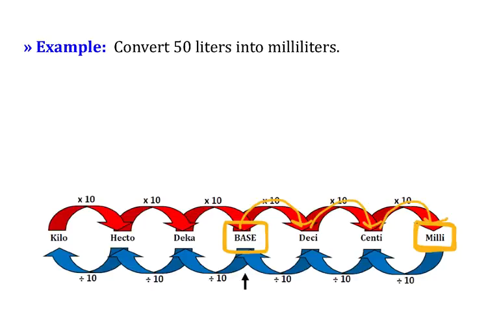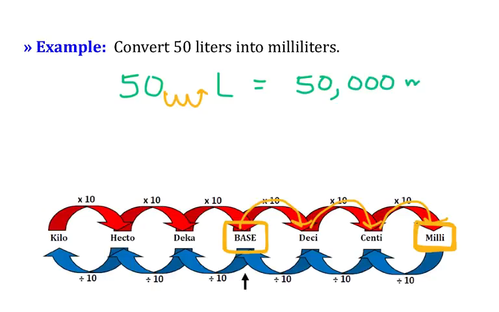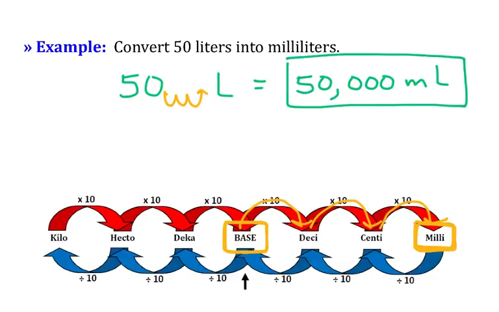This implies when I take the 50 liters we started with, the decimal point is at the end, so it's 50, and we need to move it 3 places to the right, which means I need to add some zeros. So 50 liters would be equivalent to 50,000 milliliters, and that would be our end result.